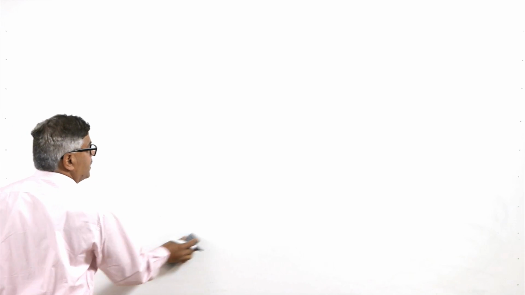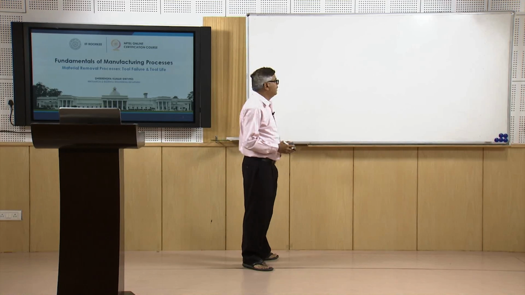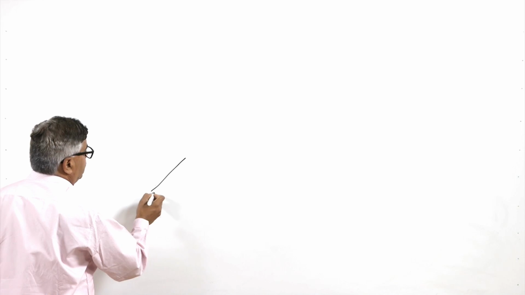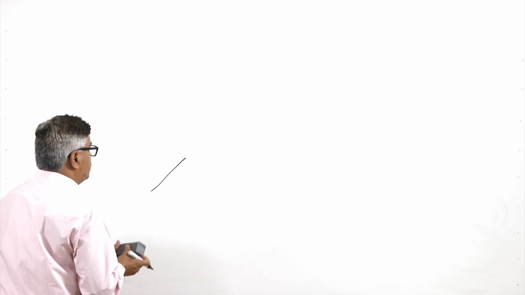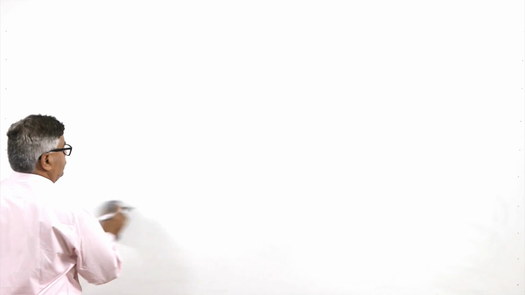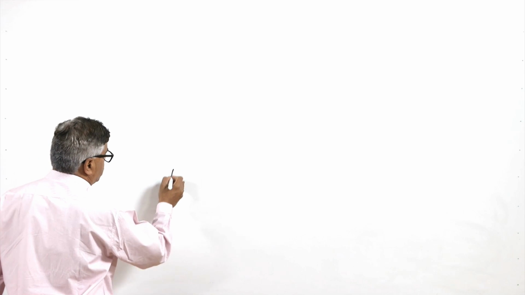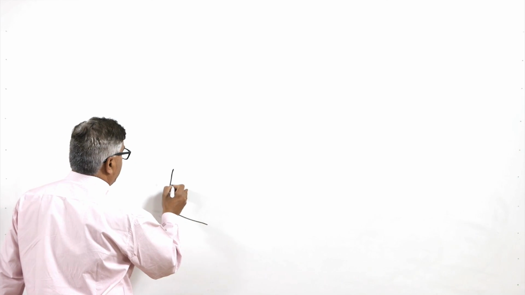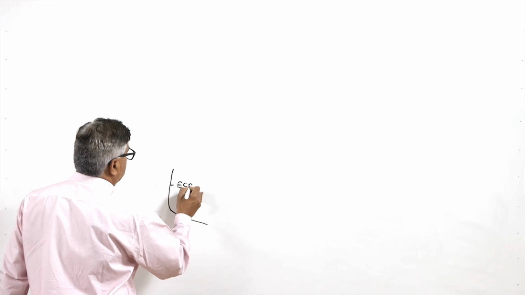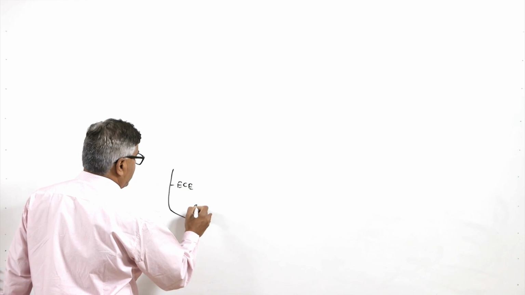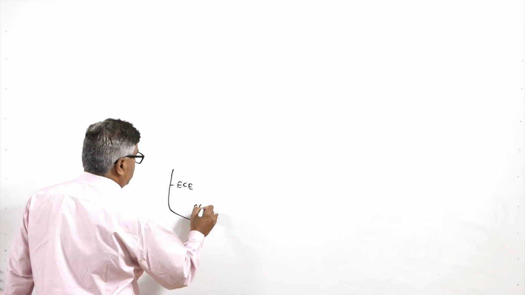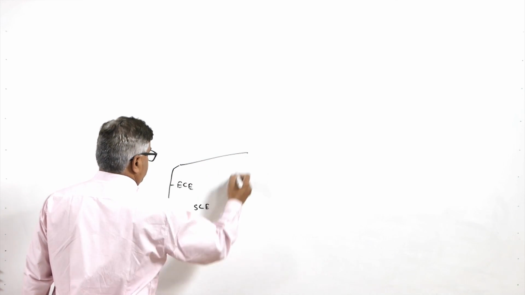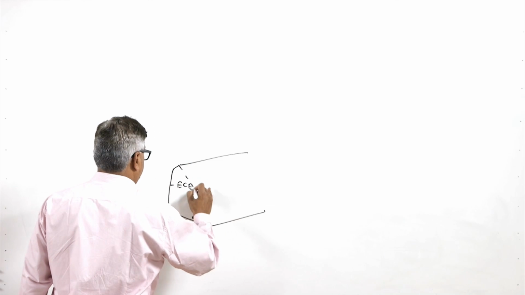So, to understand the wear of the tool, we need to consider a typical tool geometry, so that we can look at the zones which are subjected to wear. Say this is the end cutting edge and this is the side cutting edge, and this is the shank of the tool.